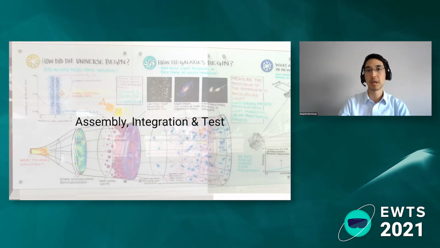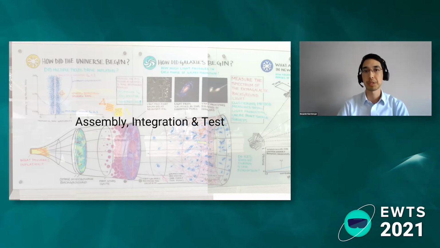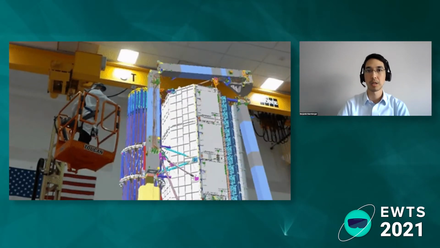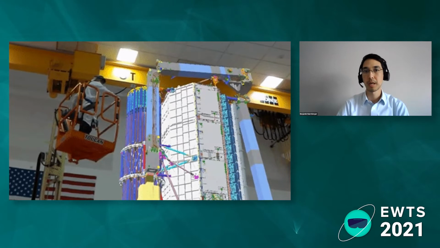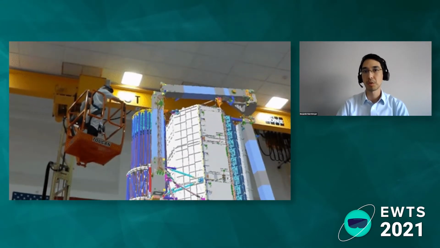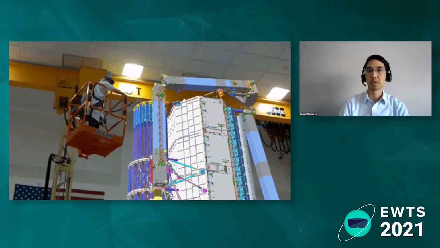And eventually, after the design is solidified, we move into assembly, integration, and testing of all the different subcomponents of the system. So here's an example of the NISAR spacecraft in one of our clean room high bays. This is the virtual model shown inside the ProtoSpace software.